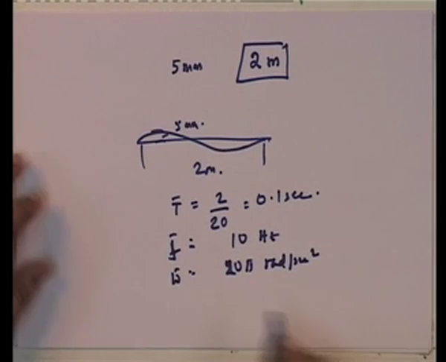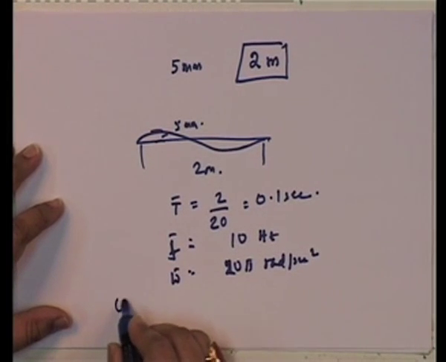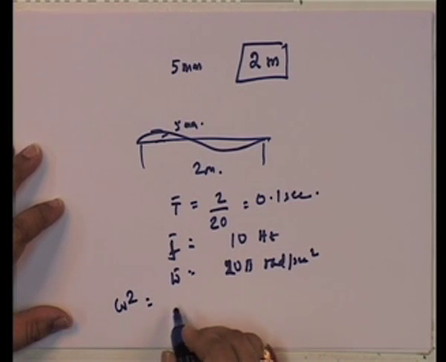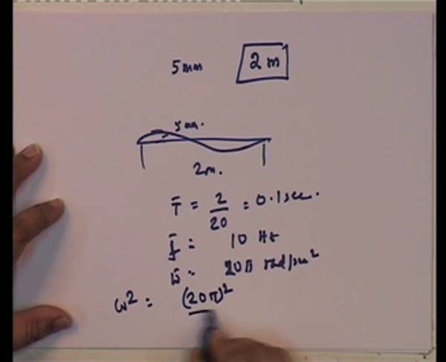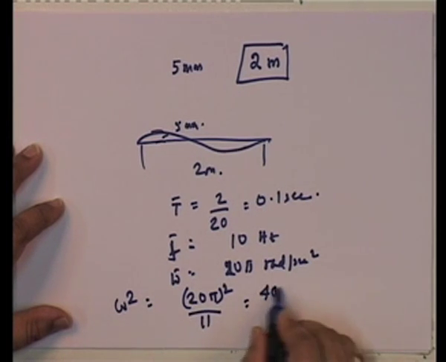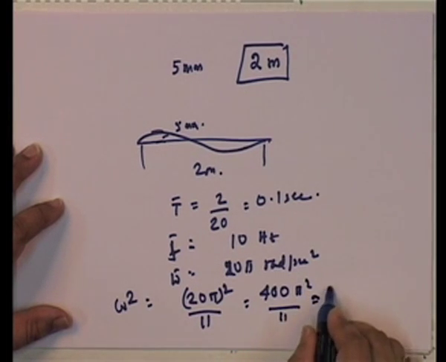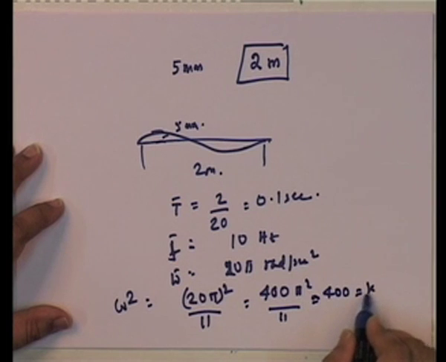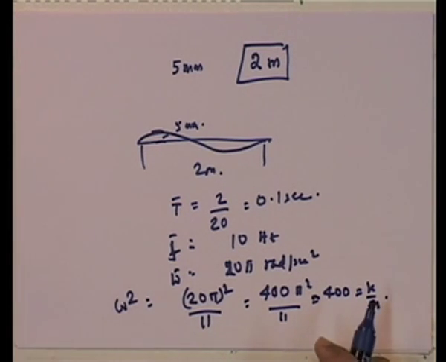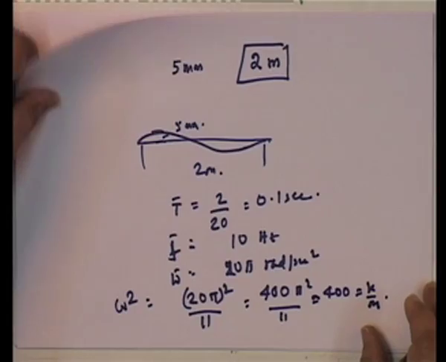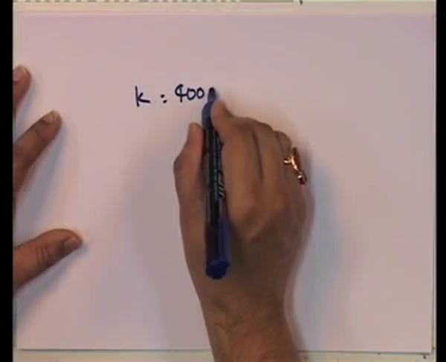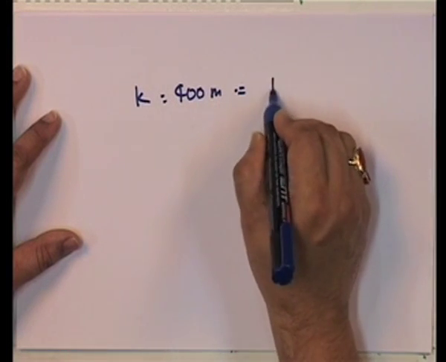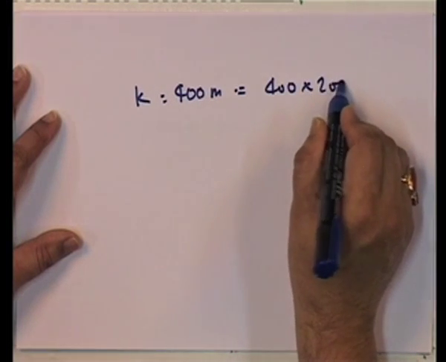So I still have the same thing where omega bar is equal to omega bar squared. Now omega bar squared is what? So omega squared is equal to 20 pi the whole squared upon 11. So that is like 400 pi squared upon 11, which I will take to be 400, which is k by m, right? And if you look at this k by m, then k is 400 times m, which is 400 into 2000.